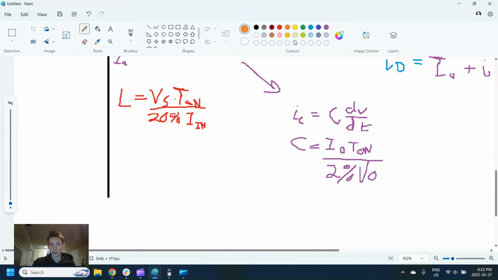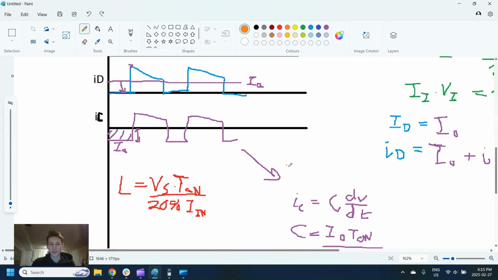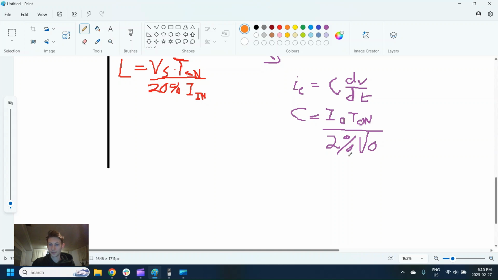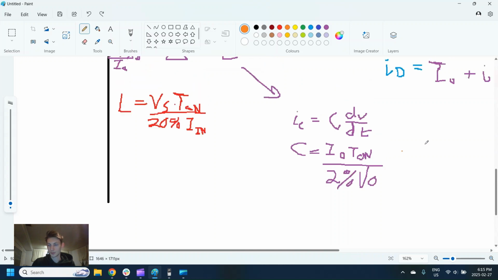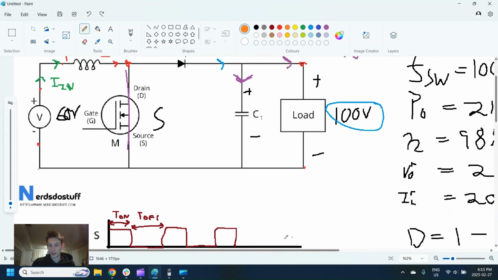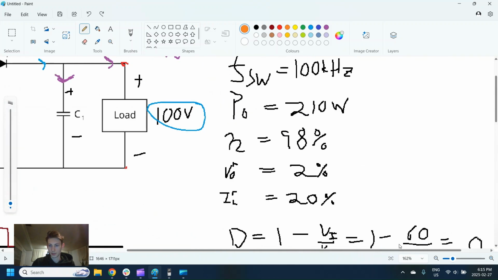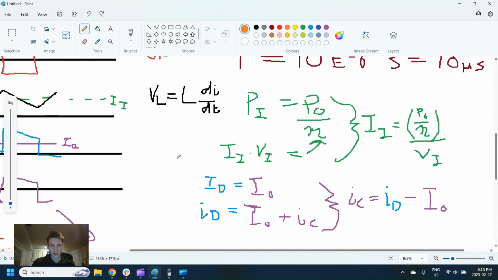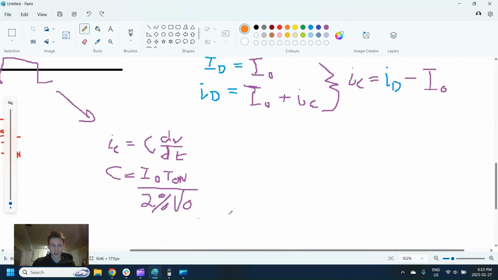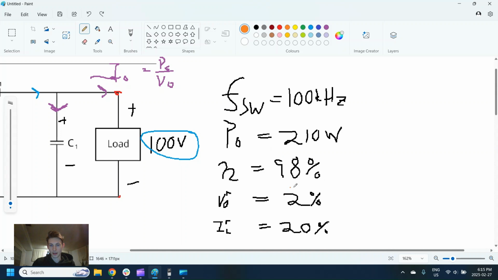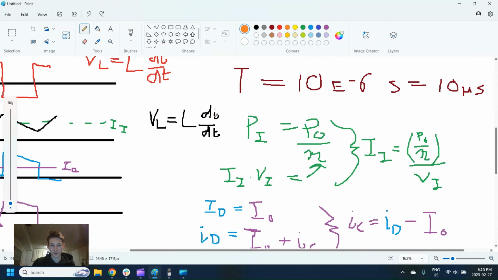And there we go. We know the output current, we know the time on, we have 2%, which is our number that we've chosen up here as our ripple, and we know our output voltage, which is 100 volts.